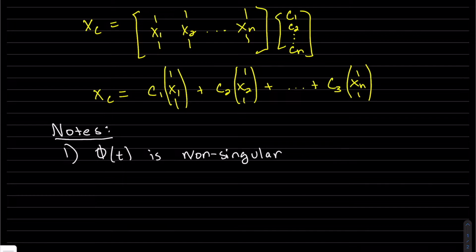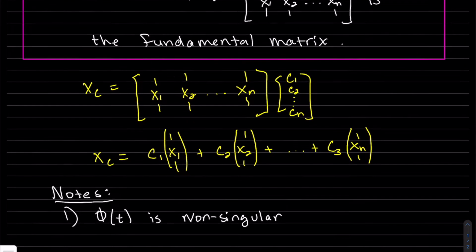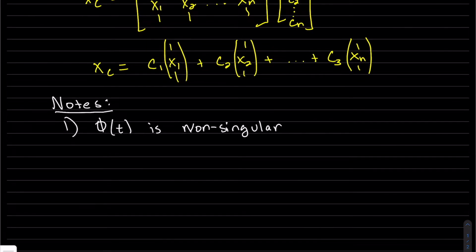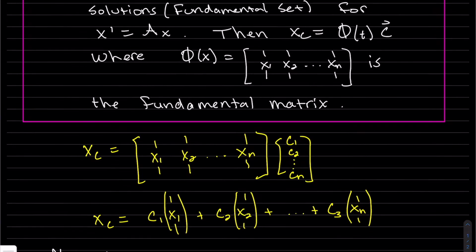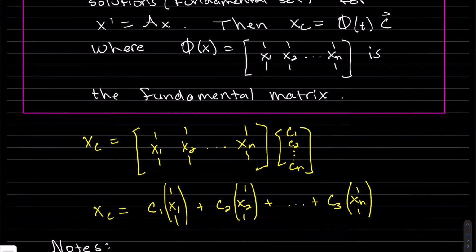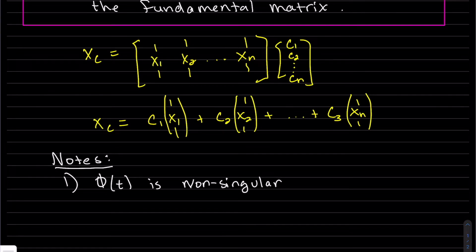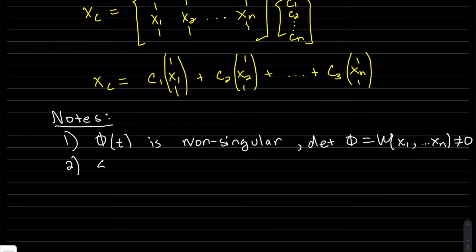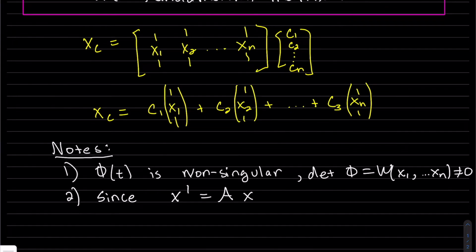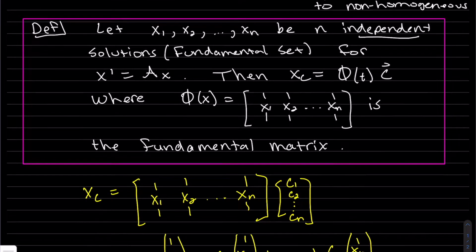So our first note is that the fundamental matrix is non-singular, and that's because it's made up of independent solutions. And if you remember, that set of independent solutions actually gives the Wronskian, the determinant of that. So this is just the non-homogeneous equation right here.